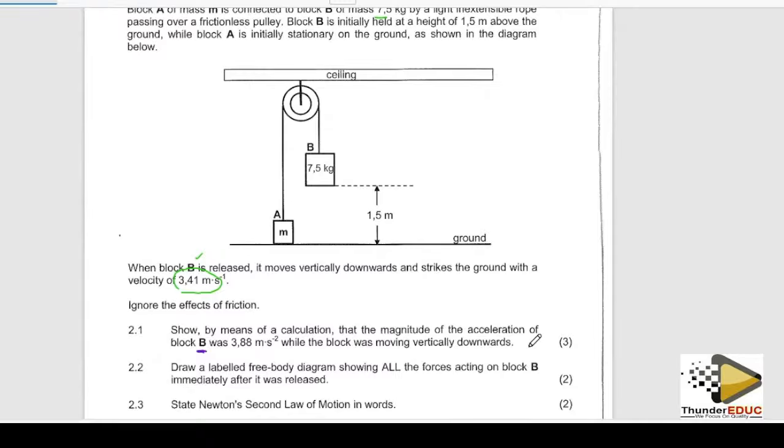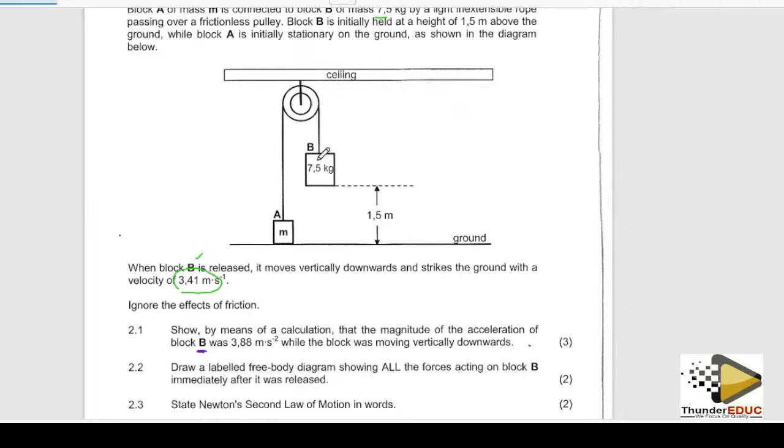So what I can see is that if our focus is on block B alone, then we shall assume something like a free fall, where the motion is entirely under the influence of acceleration due to gravity.